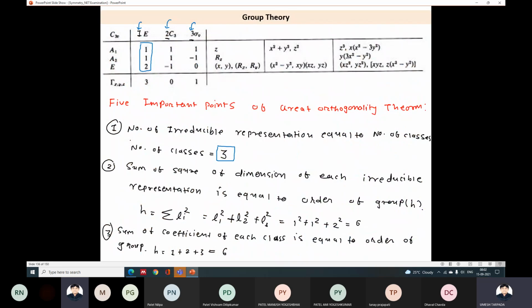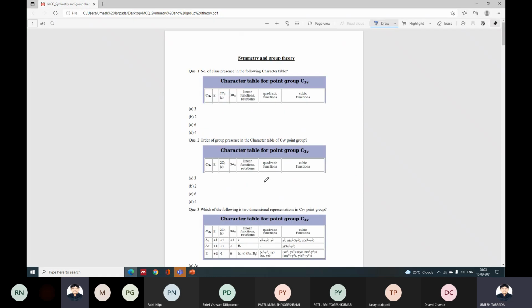Number of irreducible representations is equal to number of classes. એમ ખ્યાલ ના આવે તો અહીંયા એન્ટ્રી જોઈ લેશો તો પણ ખ્યાલ આવશે. અને કોએફિશિયન્ટ નો સમ કરશો, so it is equal to order of group. So that we have already taken. So number of classes: this is one class, E class.